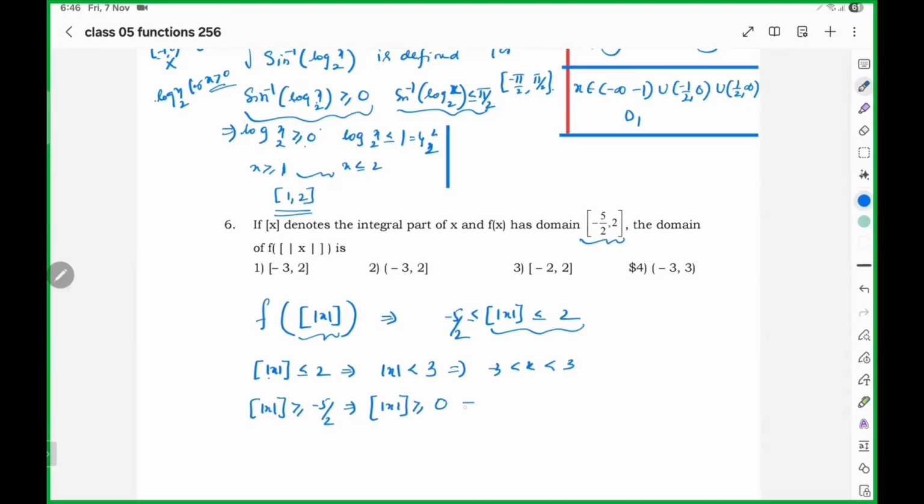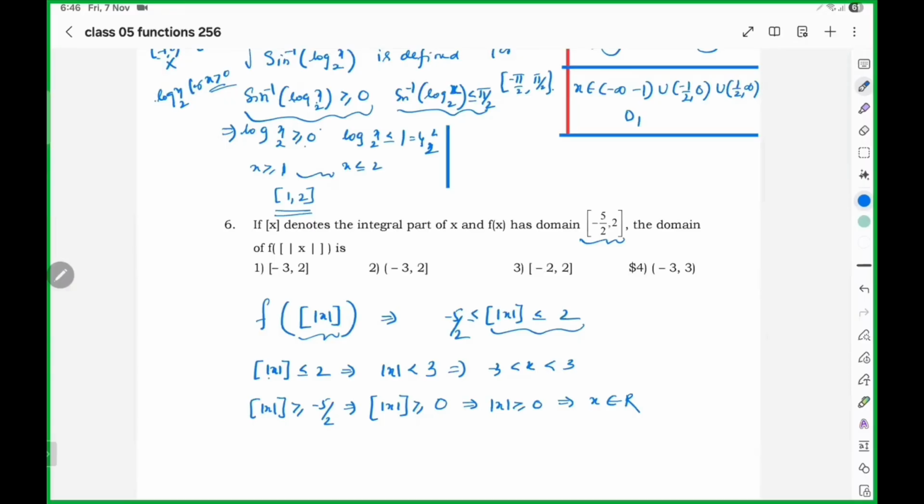Greater than 0 means mod of x should be greater than 0. Any x you take, mod x is positive, which I can say is defined for all real numbers. Whatever real number you take, it is positive. Positive will be greater than -5 by 2.